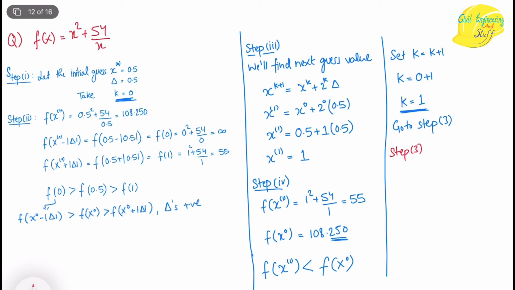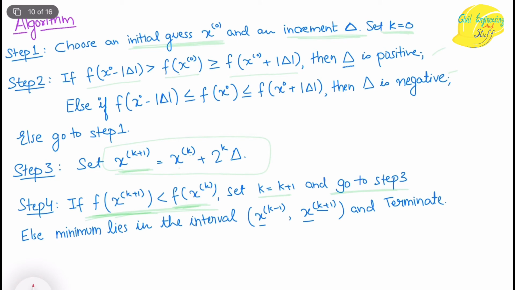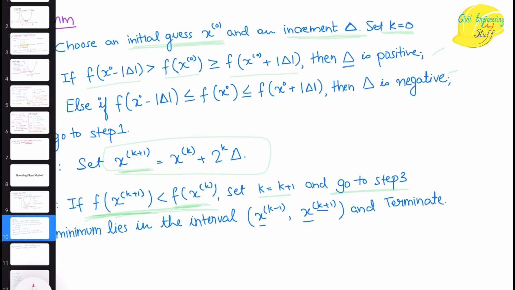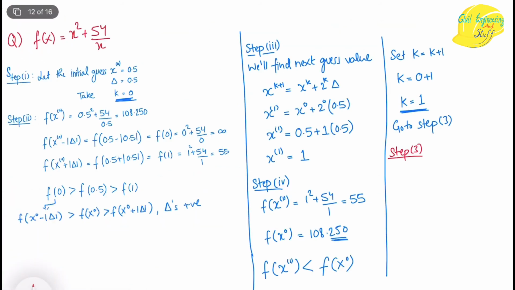Okay, now we will repeat step 3. In step 3 we will again find out the new guess point and move ahead. So we are guessing the next point.